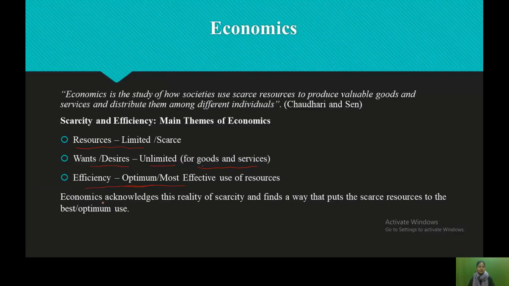So economics is that discipline that acknowledges that yes, there is scarcity in the world, and we have to find solutions to use these scarce resources in such a manner that it can produce goods and services as much as possible.